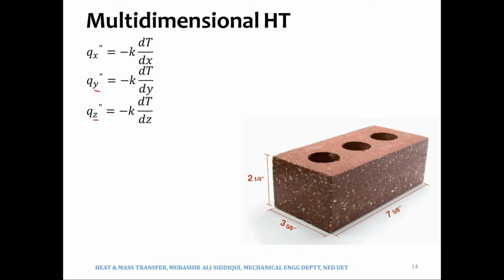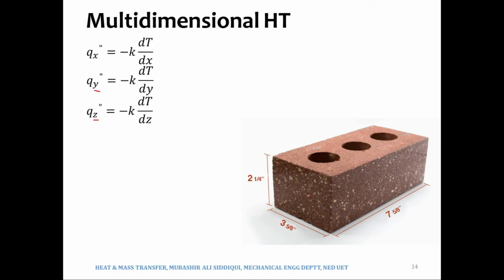So in fact, we are considering 3 dimensions, 3 axes. The longest one, 7, is the x-axis, this 3 is the y-axis, and this 2, the vertical, is the z-axis.